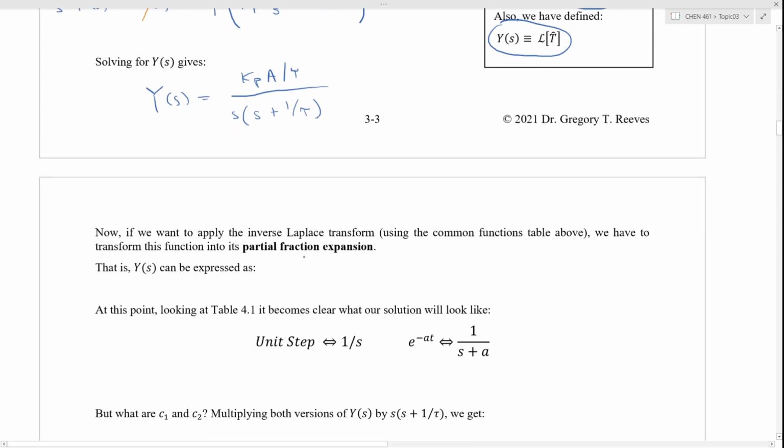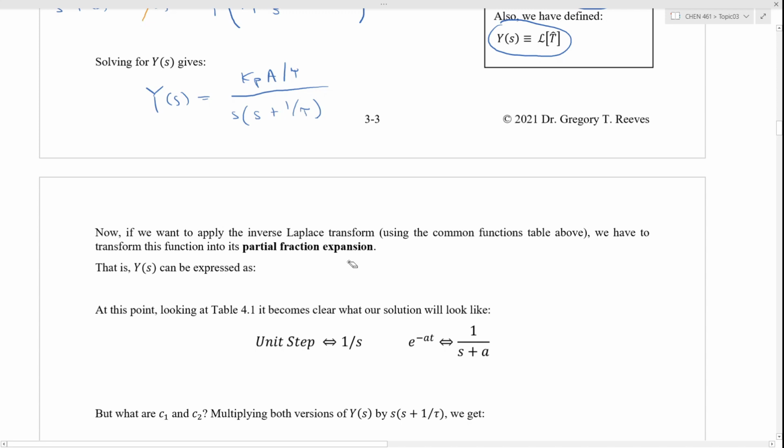To skip ahead just a little bit, these are the two common forms that we want to find: a 1 over s and a 1 over quantity s plus a. But this right-hand side is not in either of those forms, so we want to convert it into a sum of terms that contain those two forms, and we can do that by partial fraction expansion.